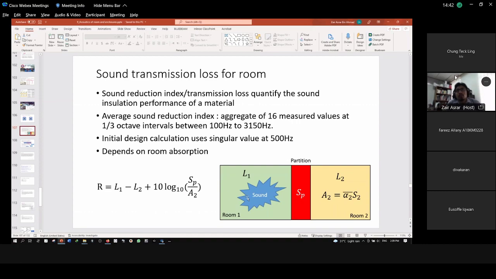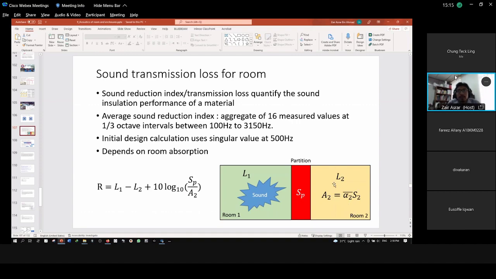So for example, if we have two rooms like this, in the first room, where we have our sound source, the sound pressure level is given by L1, and then adjacent to this room we have a partition, and this sound will be reflected and also transmitted through the partition to the adjacent room.